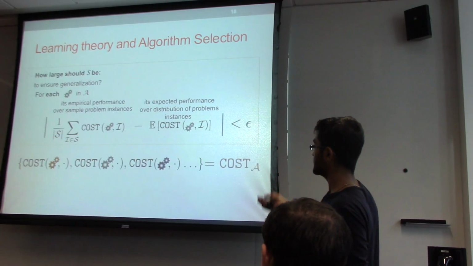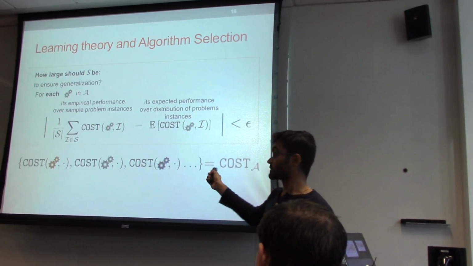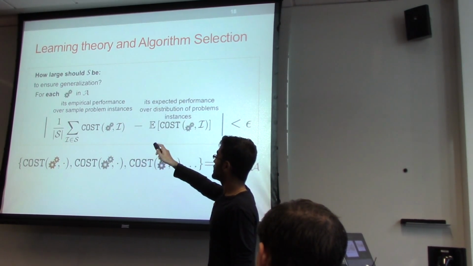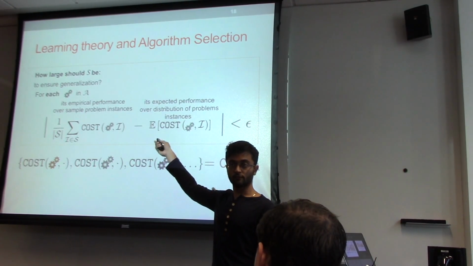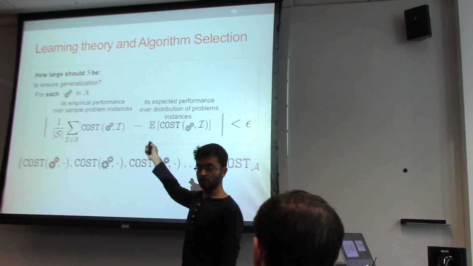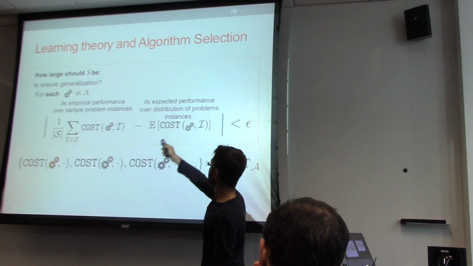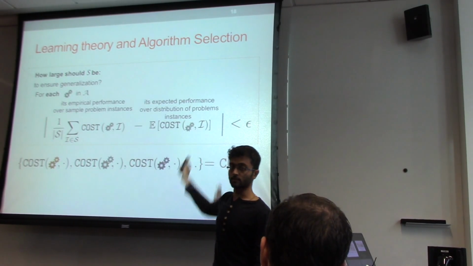So how exactly? I can pose a very similar generalization question. How do I ensure that for each algorithm in my class of algorithms, the empirical performance of that algorithm over the sampled problem instances is representative of its expected performance over this distribution?